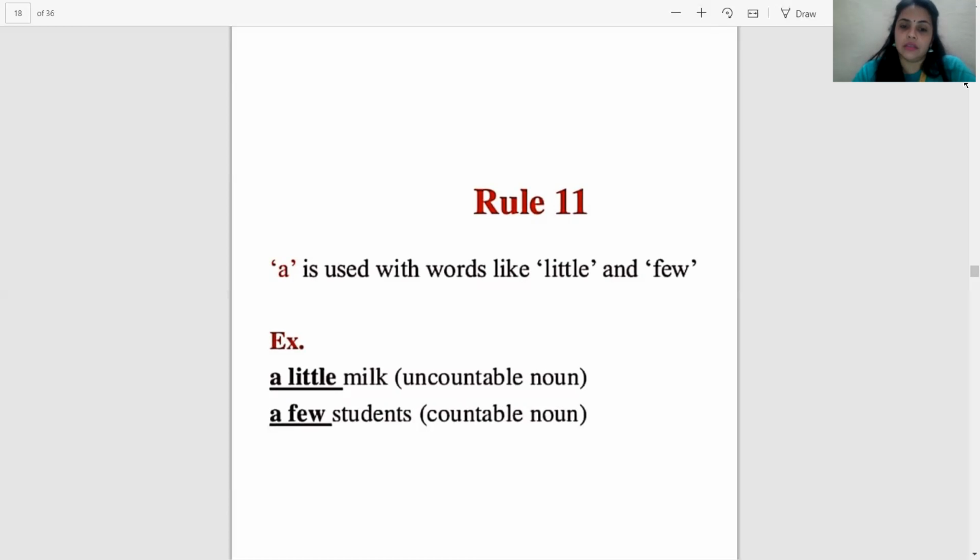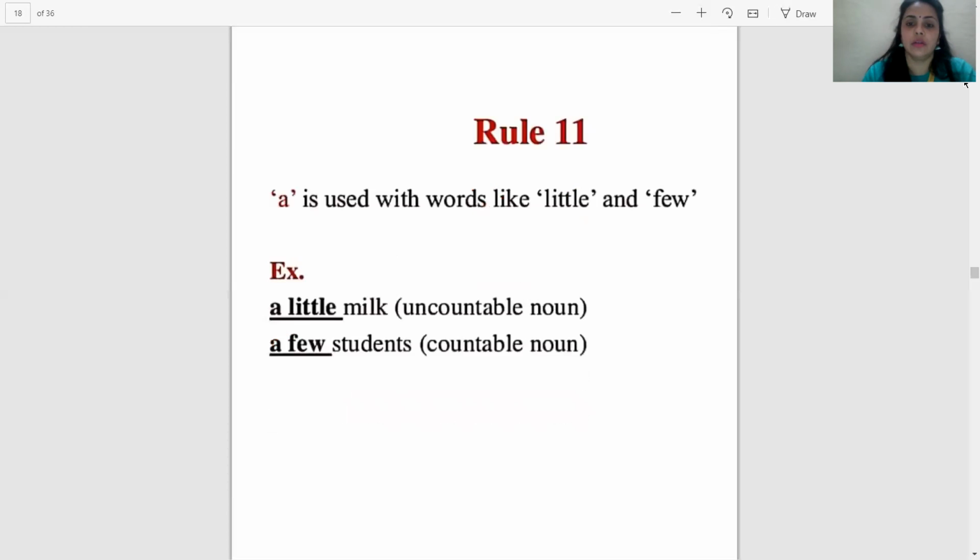A little milk, uncountable. A few students, countable. Naturally milk is uncountable because a little still does not show you how much we are talking about. A few students could be countable. Few, it could be 3, 2, 5, but still they are countable. So in this manner also we can use a.